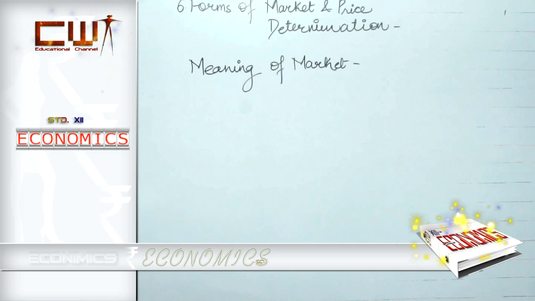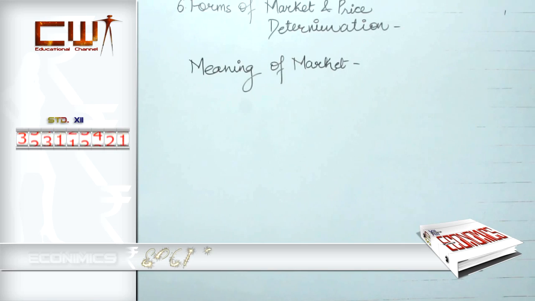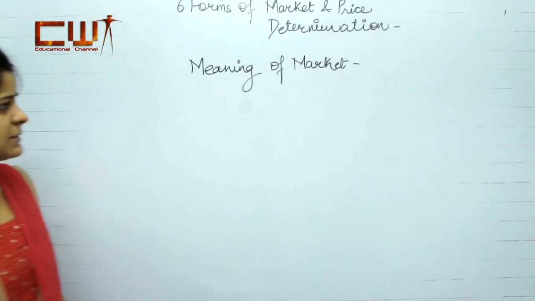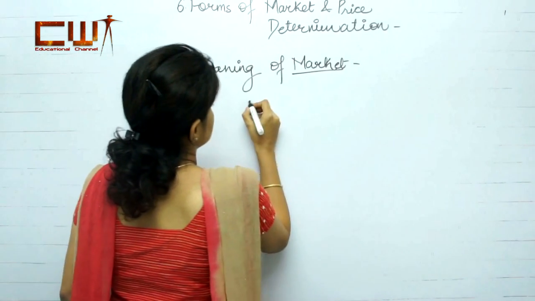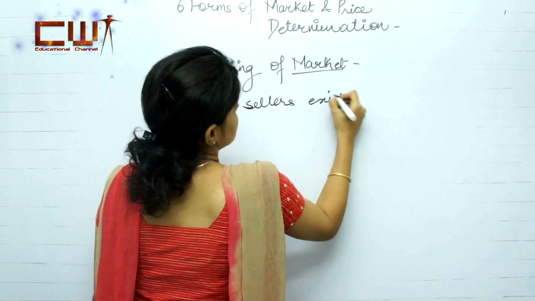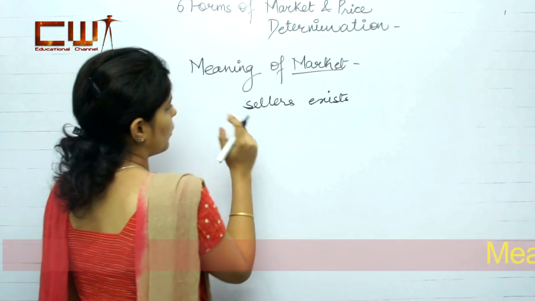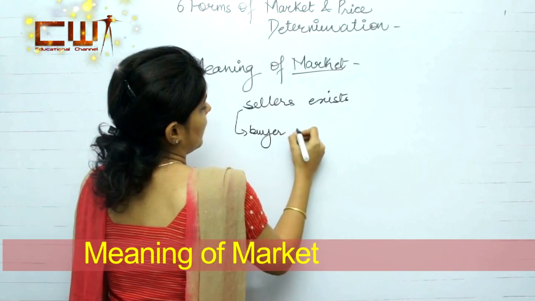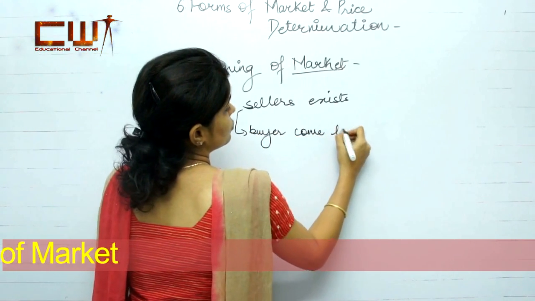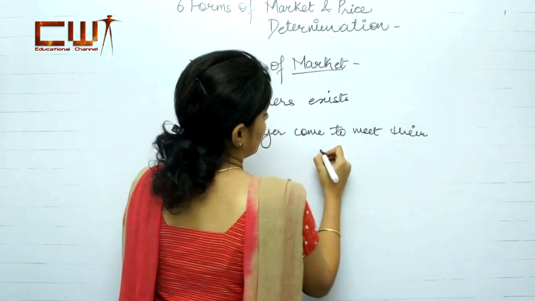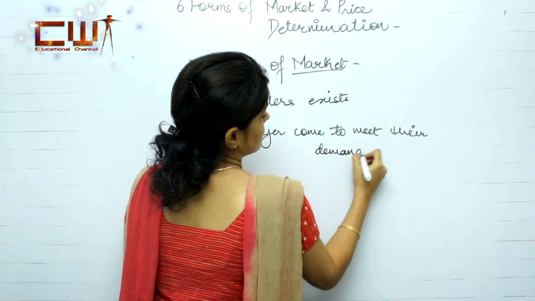It need not be a place of exchange as such. They come for the purpose of exchange. A market is a place where sellers exist, and buyers come to meet their demands.